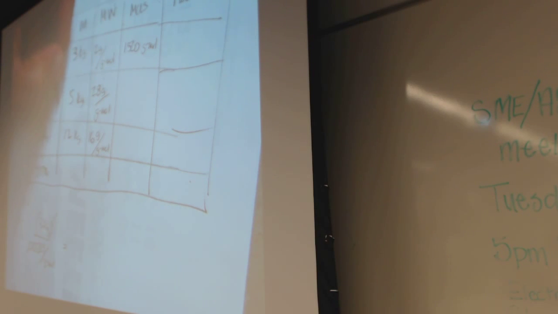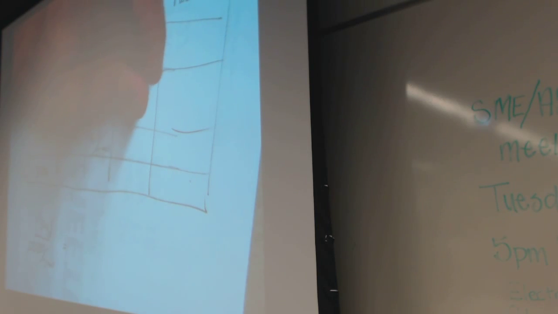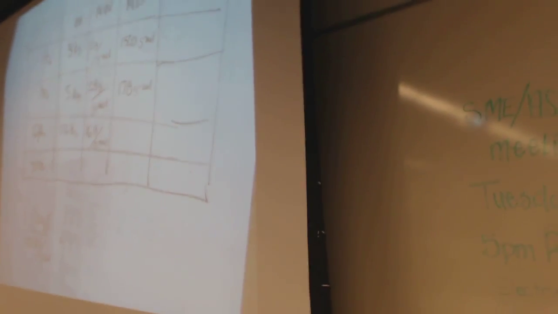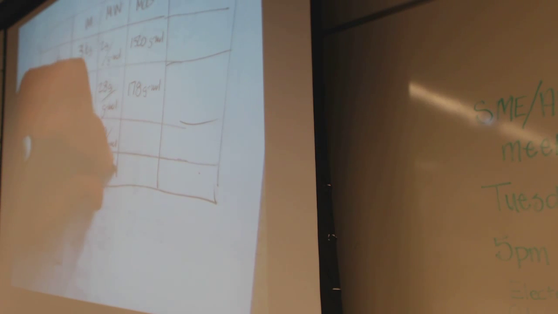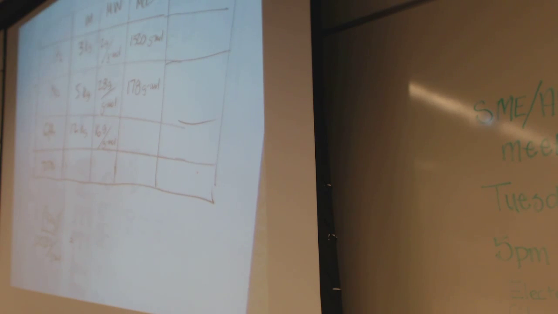And likewise, for this one, 5 kilograms divided by 28 grams should get me something like 178 gram moles. How about the next one? 12 divided by 16 is going to be less than 1,000. 750.